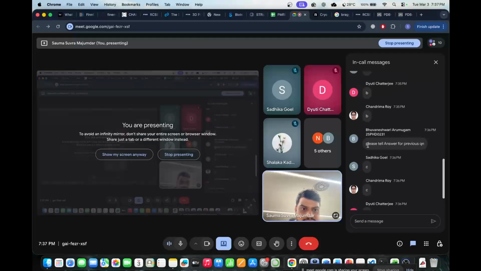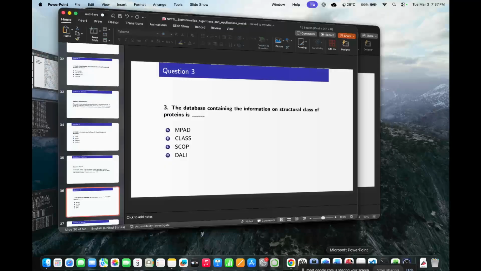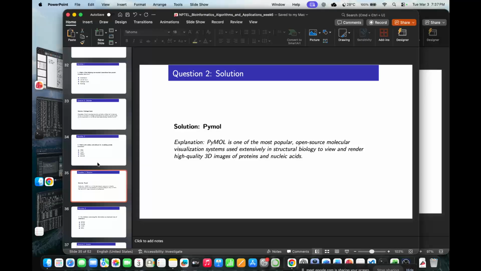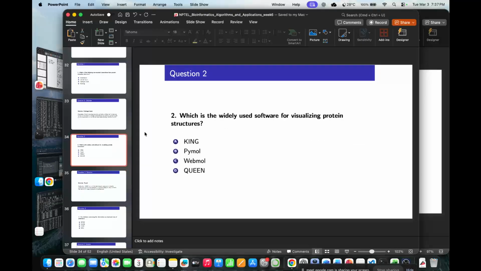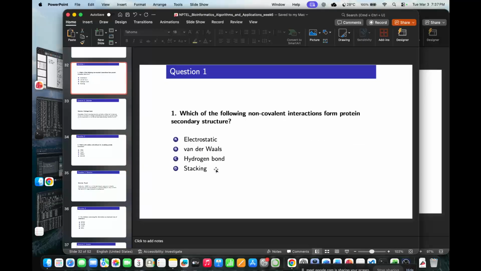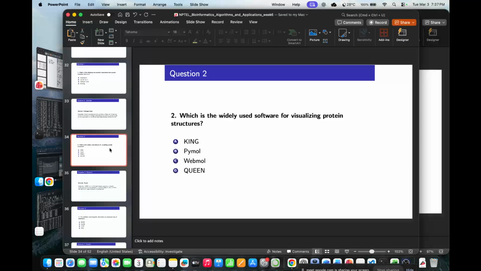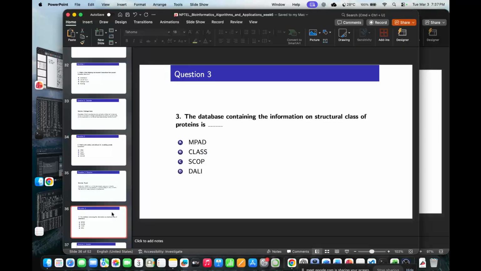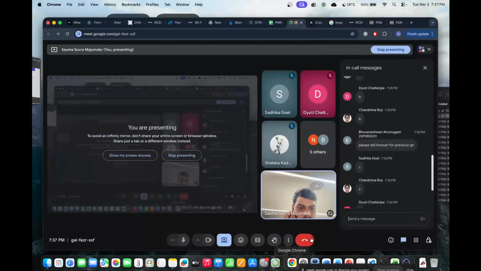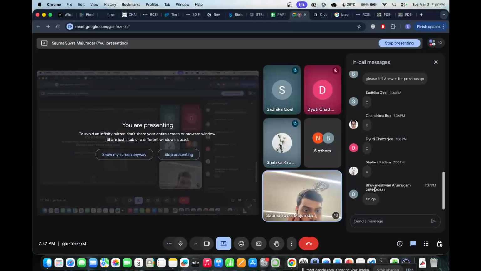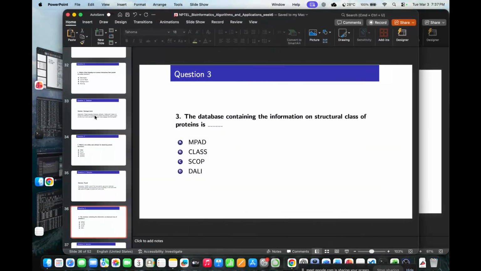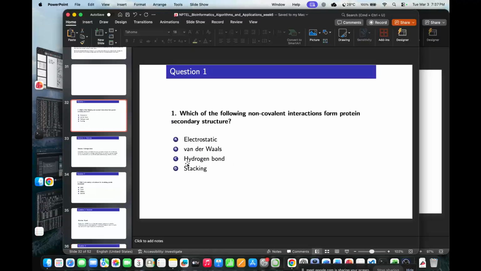Sorry, which one? Previous question, is it? This was Pymol, option B, and the first question was hydrogen bonding. It's non-covalent interactions to form protein secondary structures.